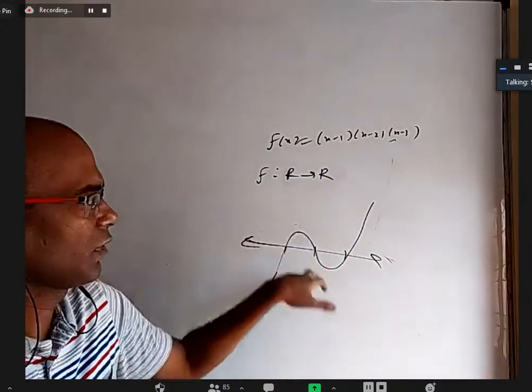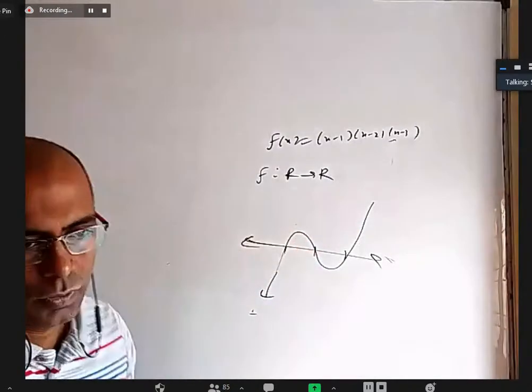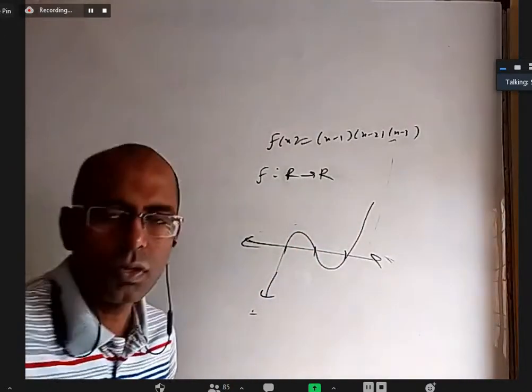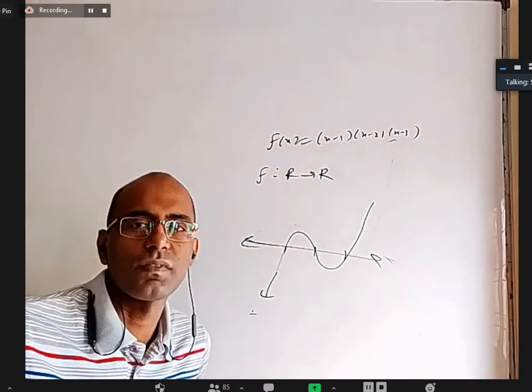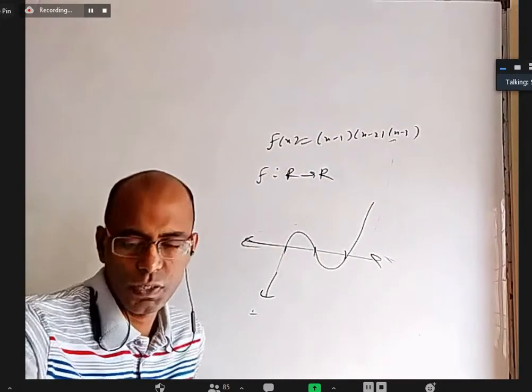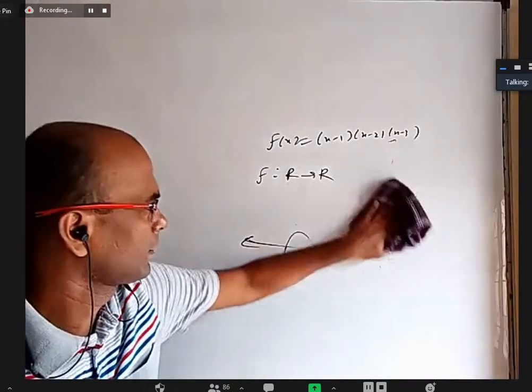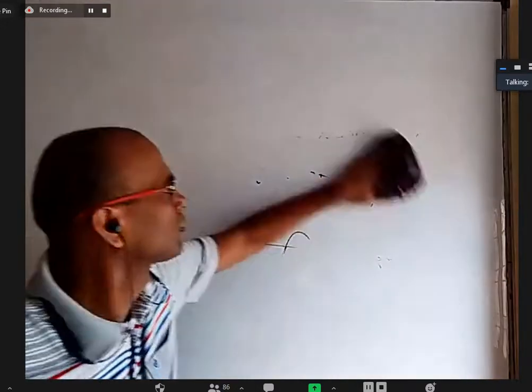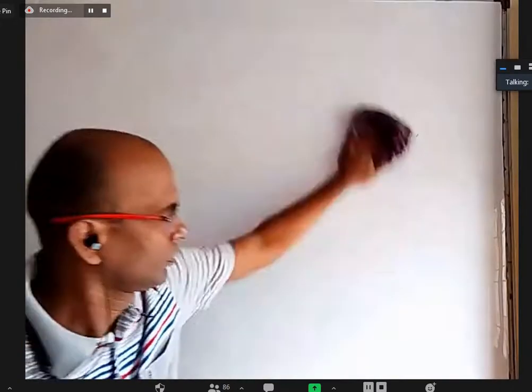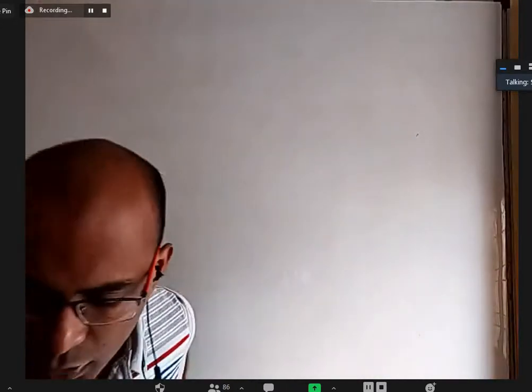And it will cover everything from minus infinity to plus infinity, but it is not 1-1. So option B is also not right if set A has infinite elements. But if set A has finite elements, then it's so. So both A and B as such are not right.